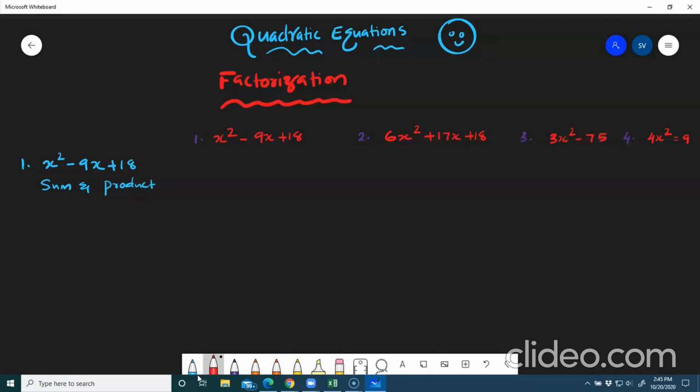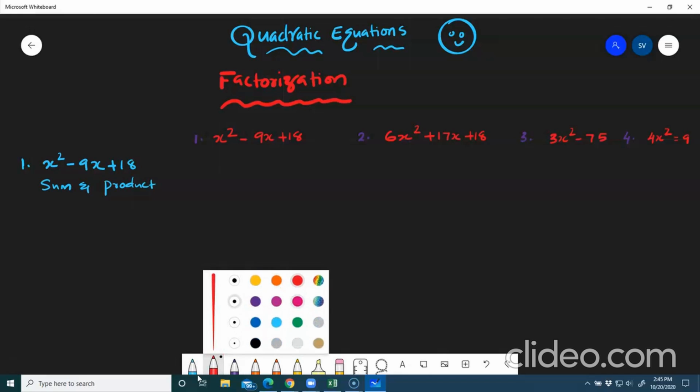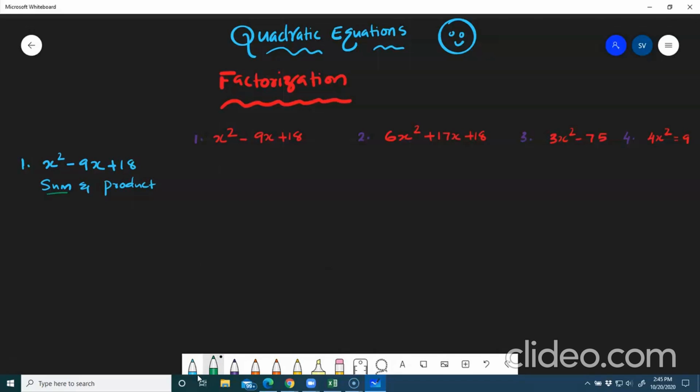So what do this sum and this product represent? In a quadratic equation, ax square plus bx plus c equal to 0, the constant represents the product of its solutions.